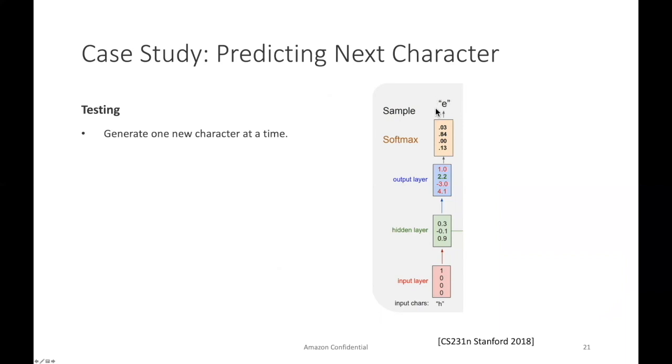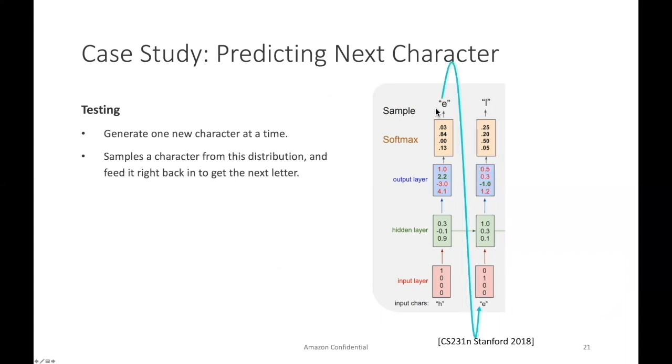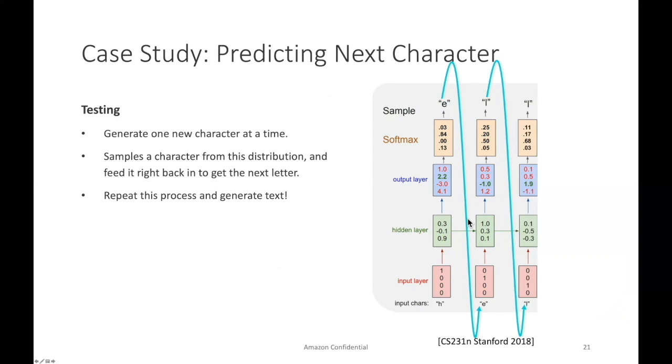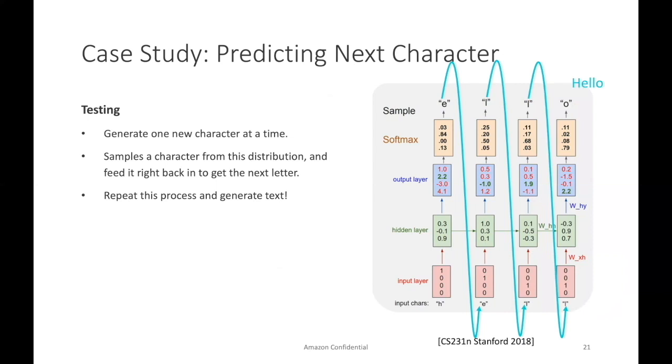We get the next letter, and then we feed the next letter into the RNN again, along with the hidden state from here. So we keep doing that. We keep feeding the next letter that is generated in the previous time step continuously into the RNN, and that helps us generate the overall text.